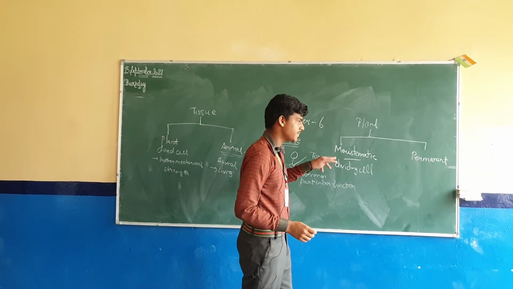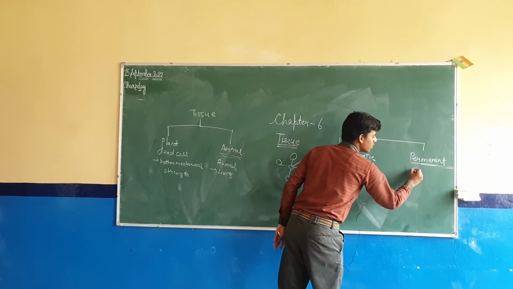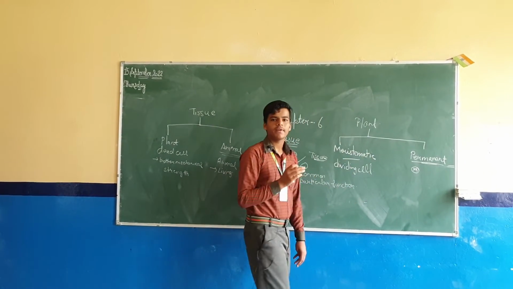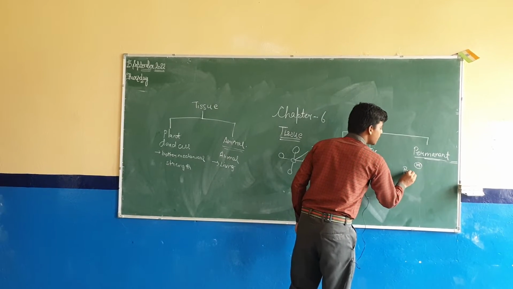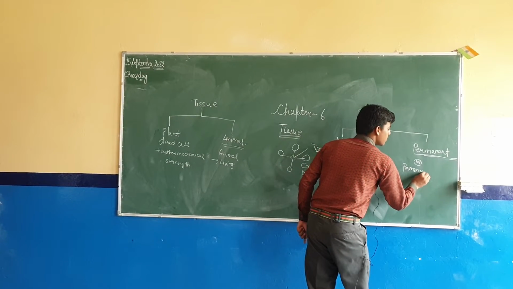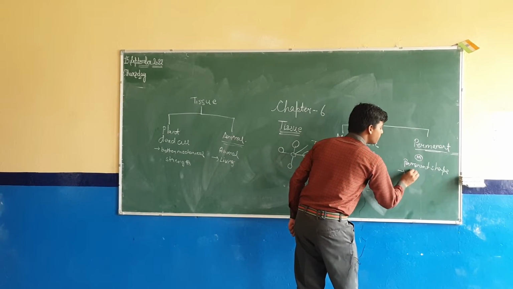Now permanent tissue: some meristematic tissue lose the ability to divide, then they become permanent. The process of taking permanent shape and size is known as differentiation.